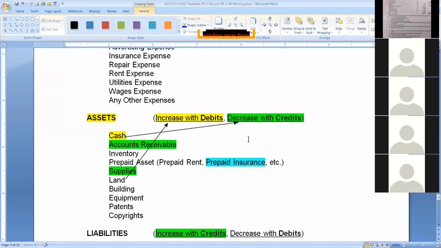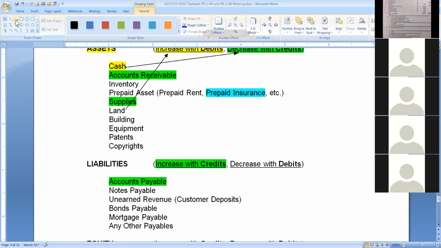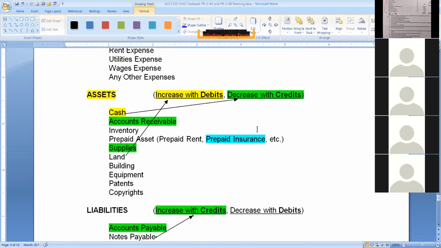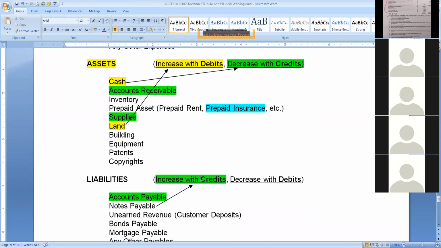Cash is going to go down with a credit. Notes payable is going up with the credit. So notes payable and cash are both credits, and the land is a debit.